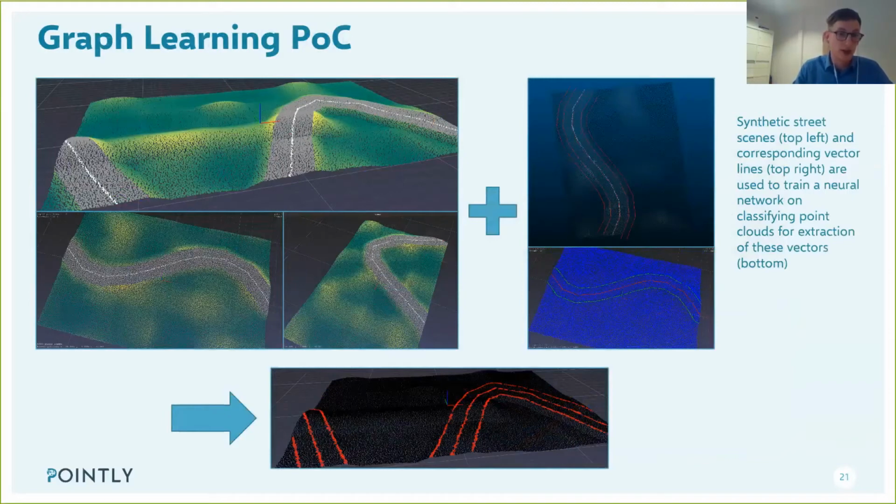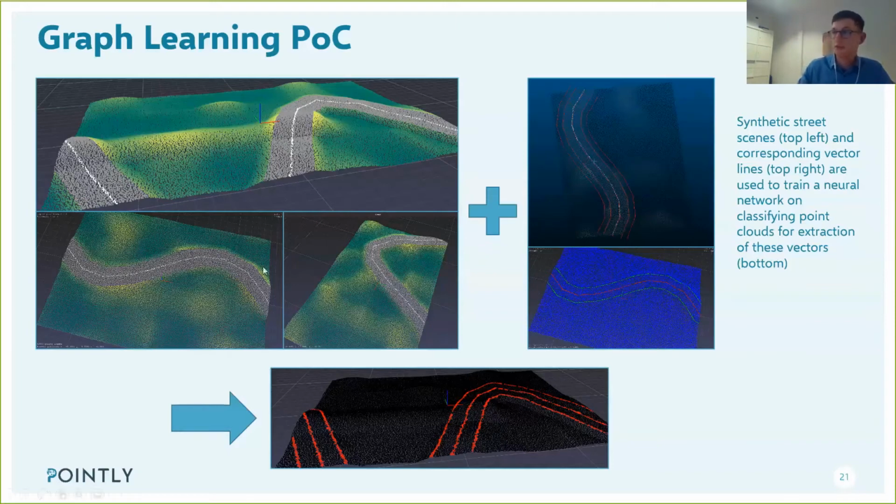Here we are using the point cloud and the vector lines as input for the neural network to learn on, and predict points on the point cloud where certain vector lines should be. And for this we use the point cloud like a graph, where every neighboring point is connected to each other, and we train the network to learn where certain lines will be.